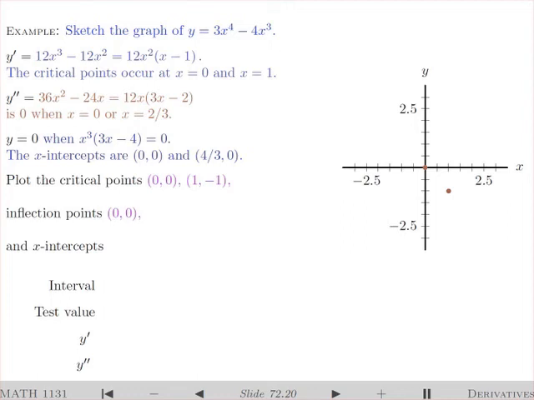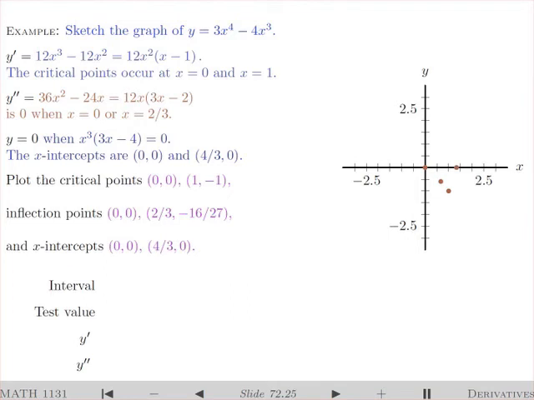The other inflection point occurs when x is 2/3. So you plug in 2/3 for x and simplify the value of y. I will leave the arithmetic to you. It comes out to be negative 16 over 27. It's about negative 0.6. And we already found the x-intercepts, (0, 0) and (4/3, 0).